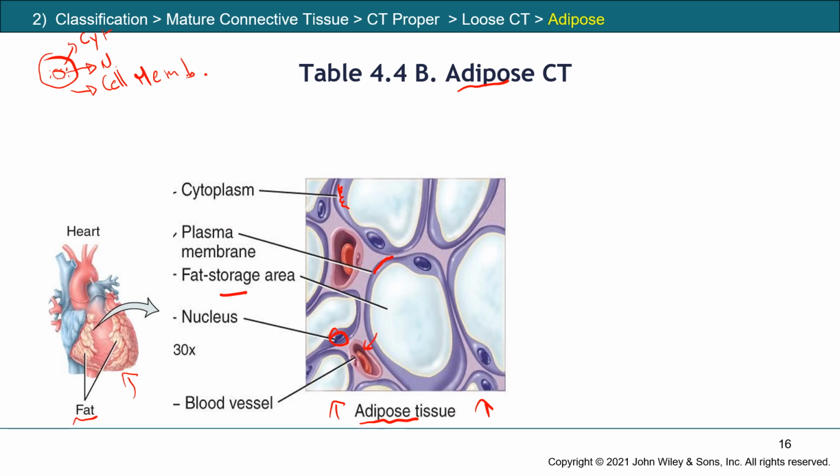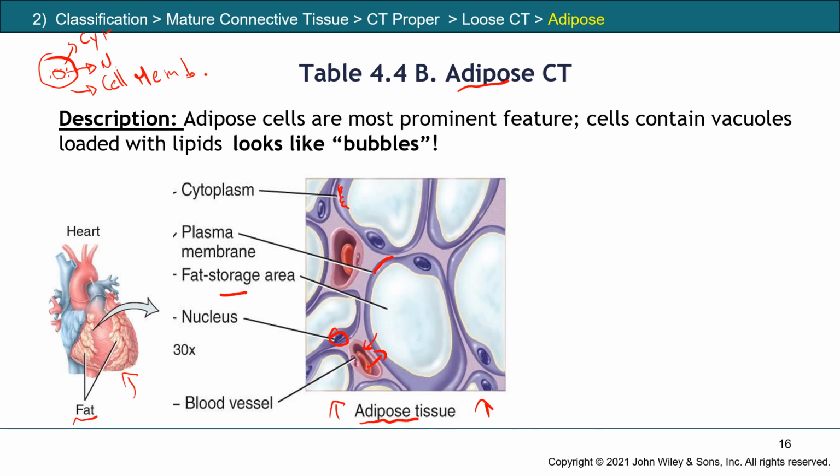So if nutrients need to go and come here, blood vessels will be there. I told you that adipose tissue has a very prominent structure, these giant vacuoles full of different lipids, and they look like bubbles.